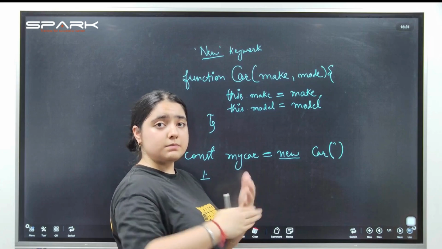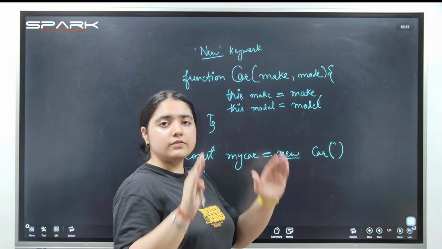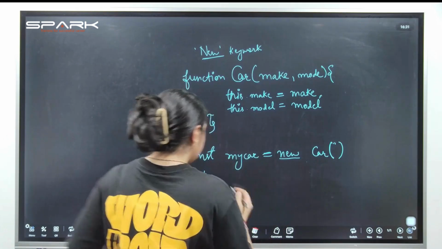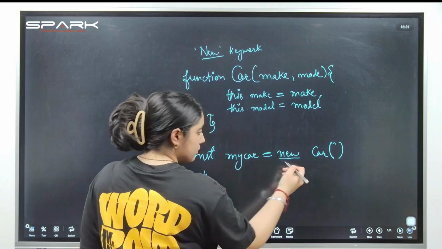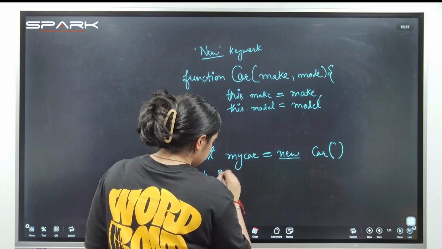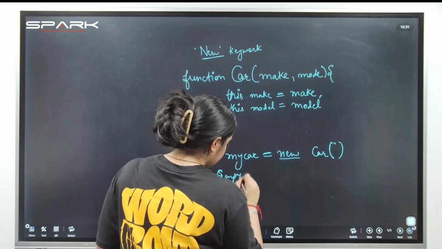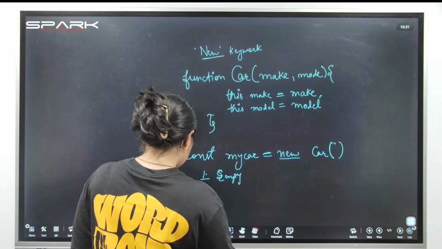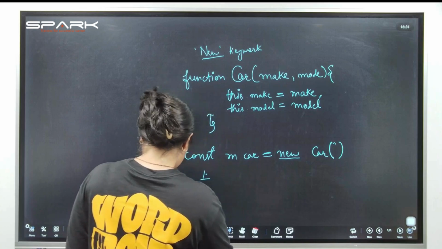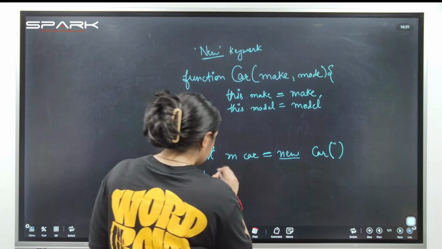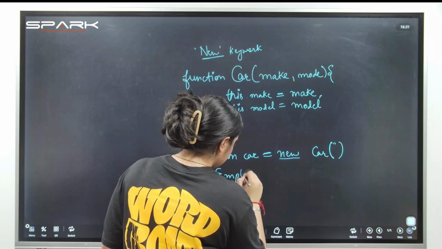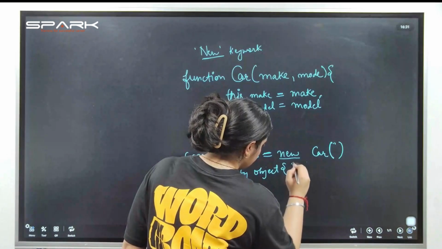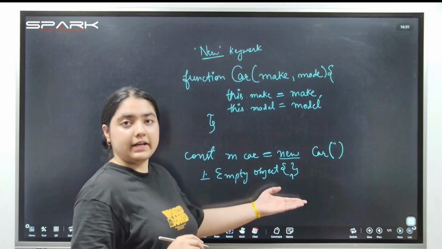This step one is behind the scenes, so it is not visible to the viewer whenever this is created. The first step is not visible, it's all behind. So it creates an empty object. An empty object is created.